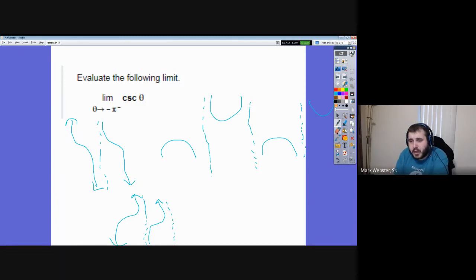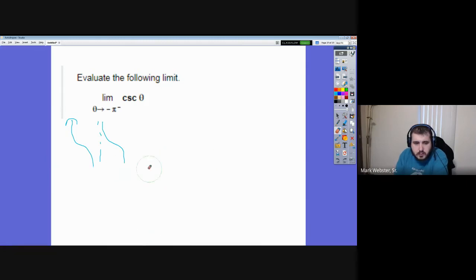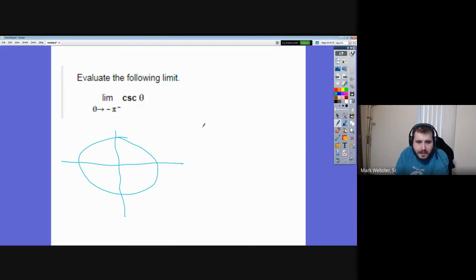But luckily, we do have our unit circle. How does that help us? Well, first of all, we're looking at negative pi. So we're looking at negative 1 pi, right?